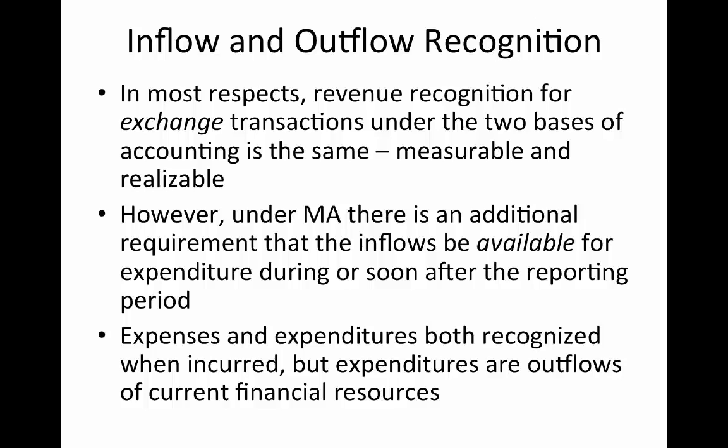So you have charges for the use of capital assets, in other words, depreciation, under expenses, but under expenditures, there's no flow of current financial resources related to depreciation, so it's not an expenditure. You're only going to be looking at when there has been an outflow of a current financial resource, either cash or a short-term promise to pay, or some other resource flow that qualifies as a current financial resource.